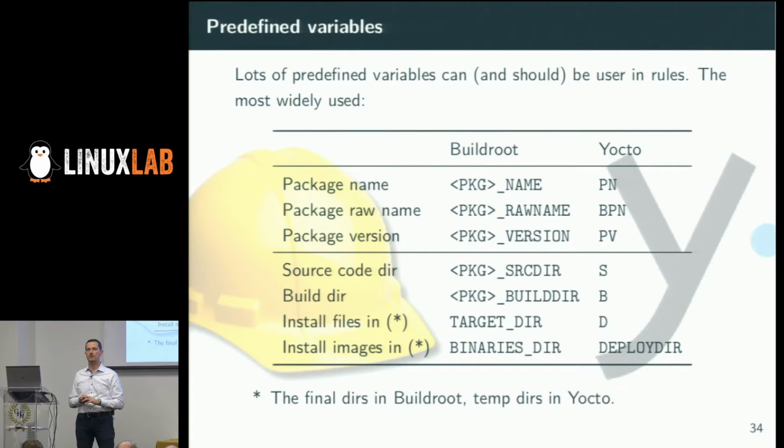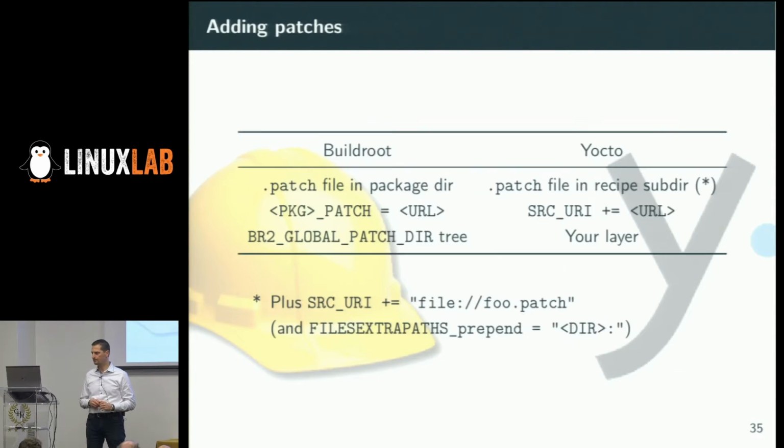That's because in BitBake, each recipe is evaluated in its own namespace, while in Buildroot, all the recipes create a sort of huge makefile, so there is only one namespace, and you need a prefix for each recipe. For the rest, they are quite similar. They provide the paths and options and so on.